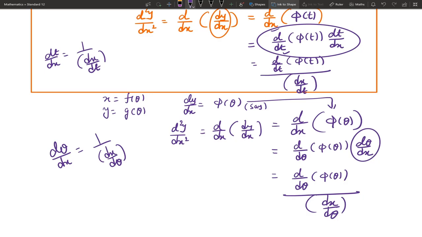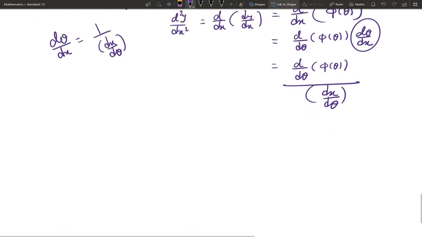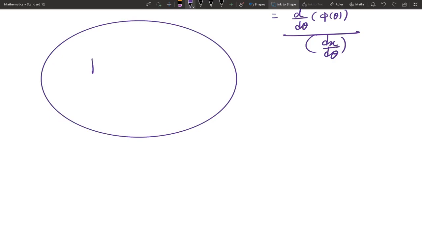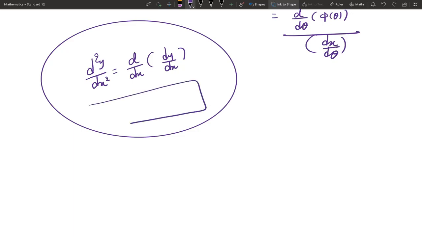But the second order derivative is not what people often think. d2y by dx2 is d by dx of dy by dx, but it is not dy by dx squared. For some special functions you can prove such a relation, but it is not true in general.